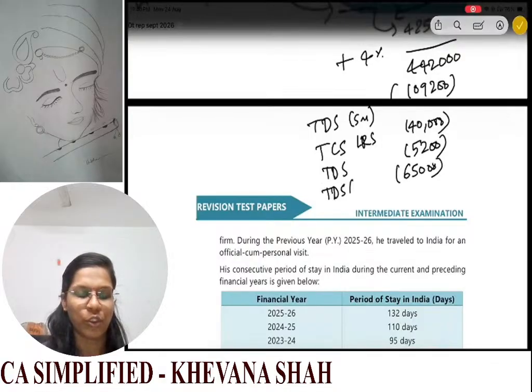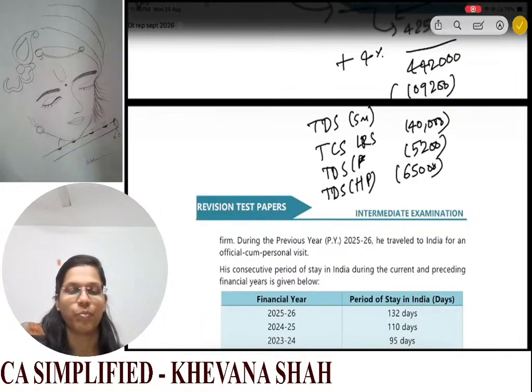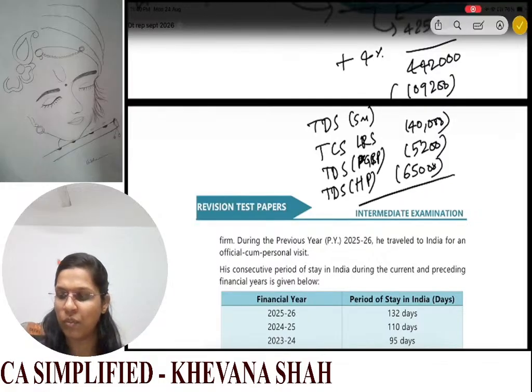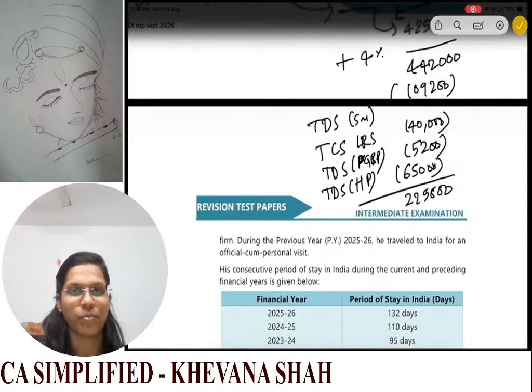Okay, TDS on your house property, TDS on your fees for technical service, sorry, your PGBP income, okay, on that TDS. Now when you reduce all these amounts, what do you get? 225,800. I think we missed something.